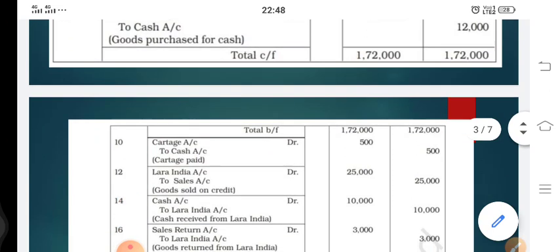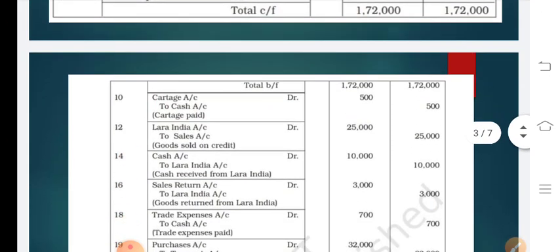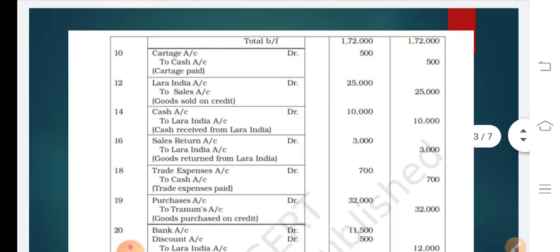Now you can see on the next page, we start with that balance first, which is total B/F, that is brought forward. That means the total which we have taken from the previous page. It is balance brought forward.